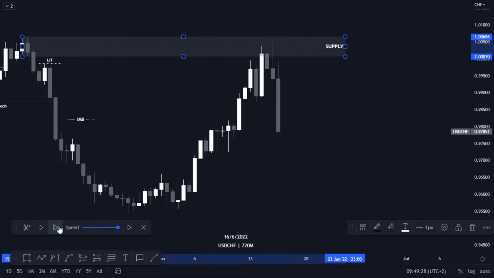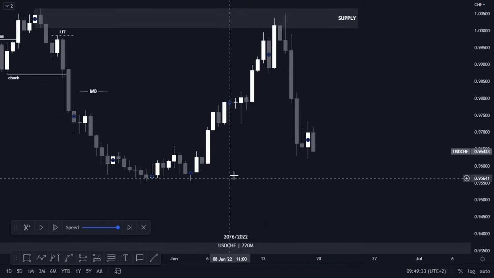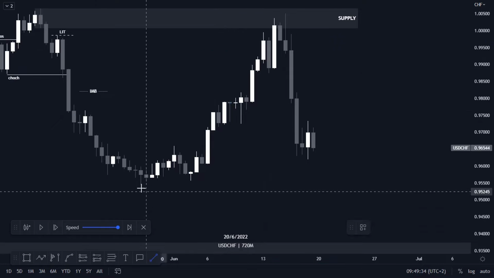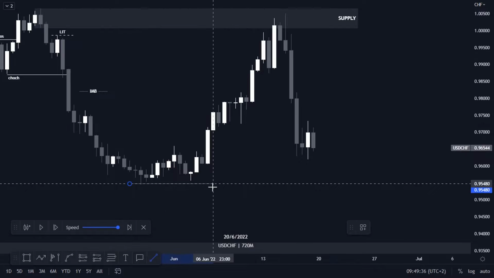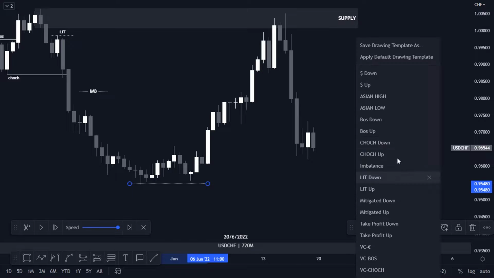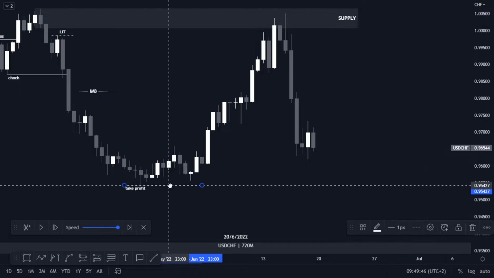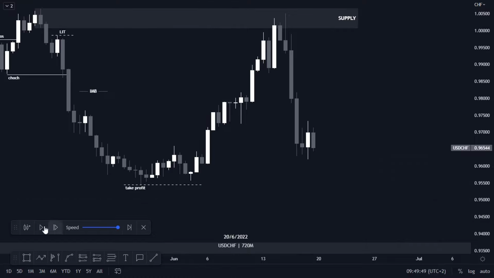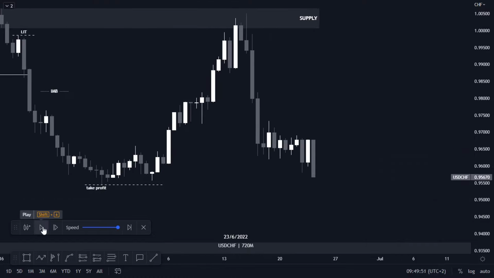Okay, you can see price pushes to the downside, and our initial take profit would be at this area here, at this low here. Where is the take profit? Our initial take profit will be at this low here.